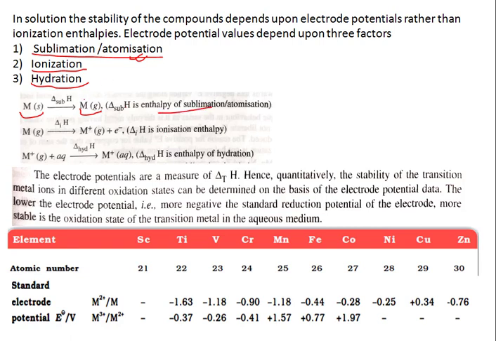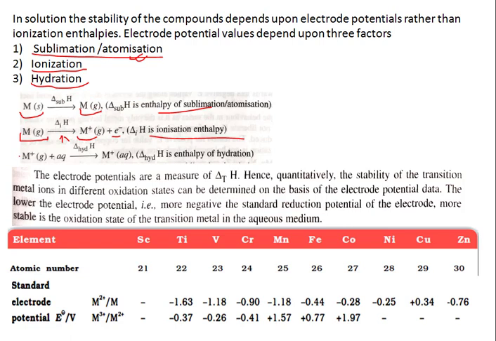Now the metal has been converted to its gaseous state. That means now we will have isolated gaseous atoms. At that point, the energy which is provided is called ionization enthalpy, and then an electron is removed. Up to this, we have generally used both these terms.